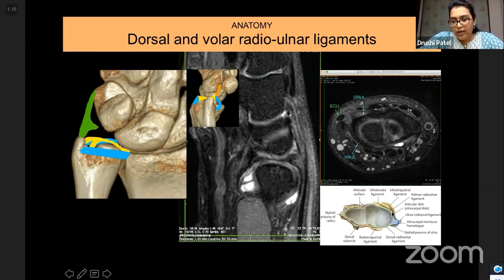So it's a volar radioulnar ligament and the dorsal radioulnar ligament. If you take a section sagittally, that is the dorsal radioulnar ligament and that is the volar radioulnar ligament. On the axial also, you can identify this is the dorsal radioulnar and the volar radioulnar ligament.